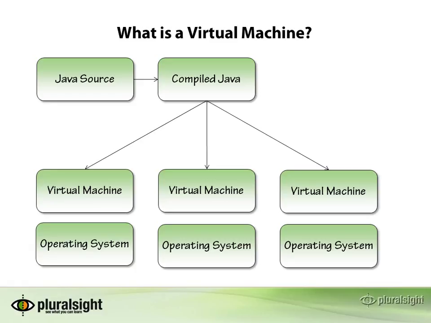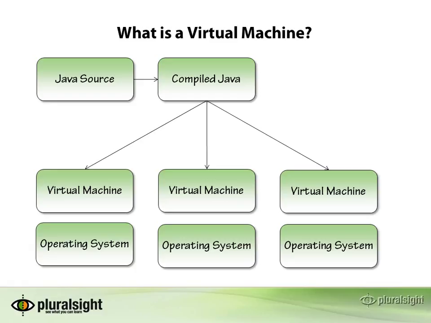This compiled Java code is actually interpreted. It's like an assembly language for these virtual machines, and the virtual machines are acting to make the same thing work in the different ways that operating systems handle things like files and networking. And so really you're writing your code against these common Java libraries using the Java language, and the virtual machines are handling the differences to produce basically the same output on each operating system.